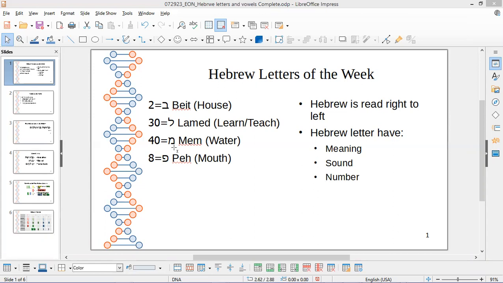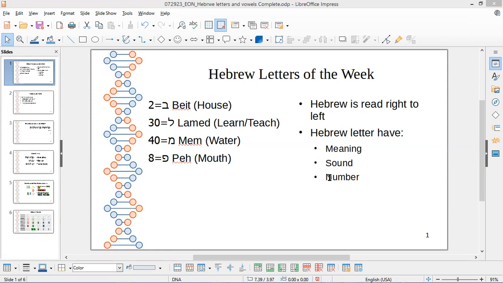And the Pei has a P sound as in Peter, or an F sound as in fancy. So this Beit and this Pei will have two sounds depending on where it's at in the word and what's going on with the word. But these two right here in the middle only have one sound.